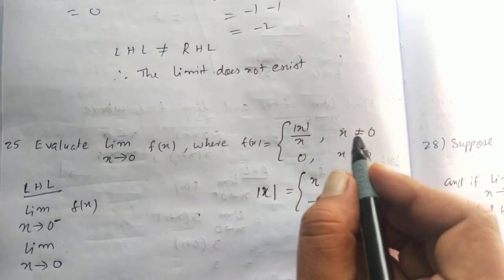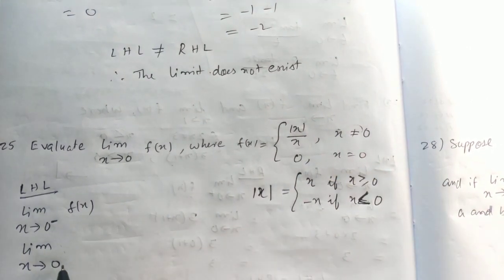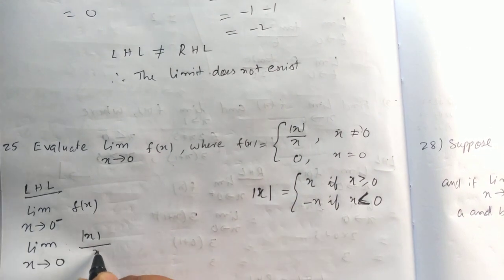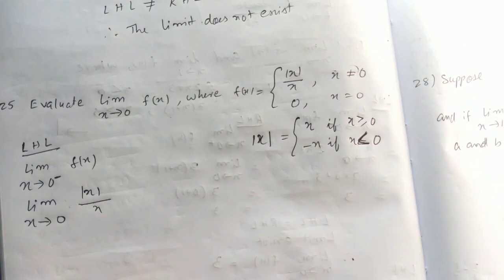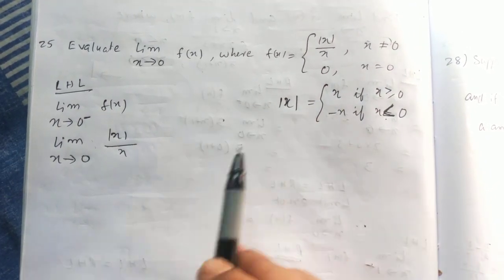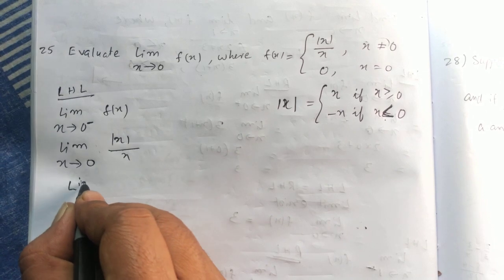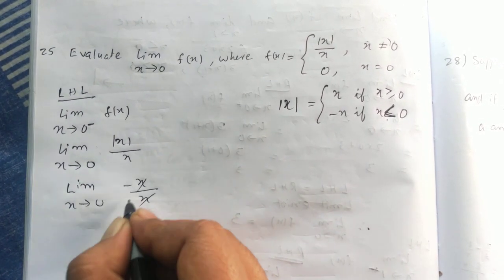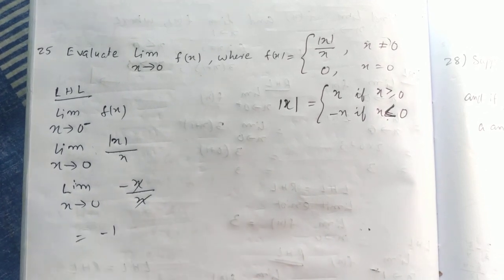Tends to 0 means not equal to 0, so I have to use x modulus by x. Since it is left hand limit, x is less than 0, so I take minus x by x, cancel it, we're getting minus 1.